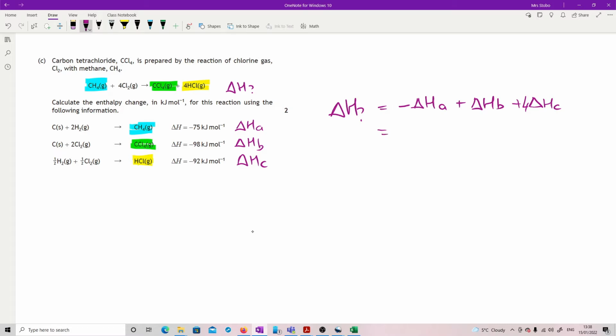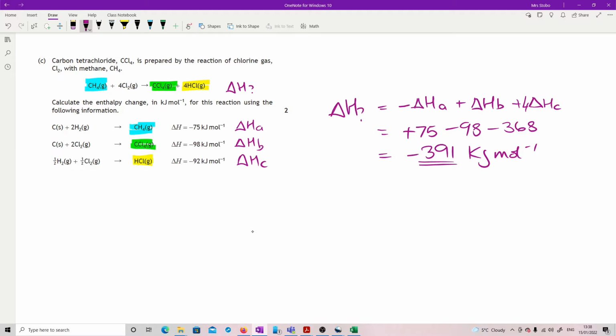Okay, so that is going to be plus 75 minus 98 minus 368 minus 391 kilojoules per mole. Okay, so if you like it that way, grand. If you don't, here's the full kind of method.